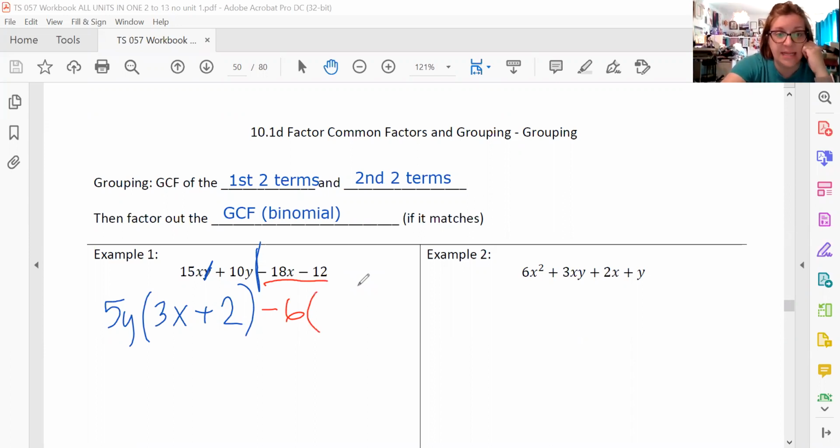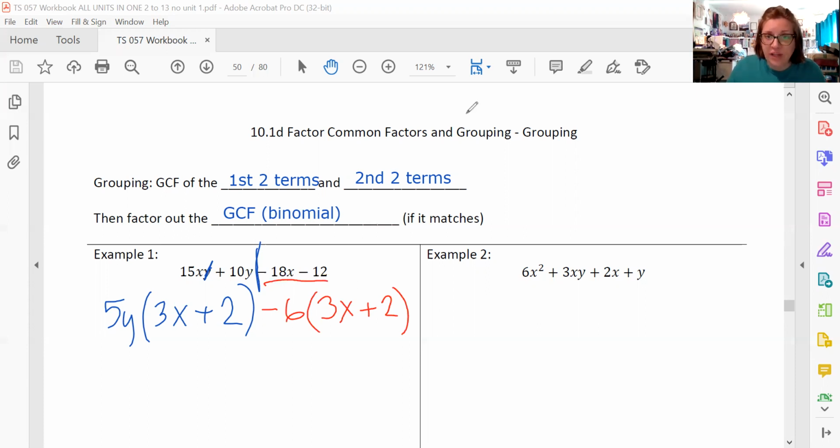So negative 18x divided by negative 6 is going to be 3x. Negative 12 divided by negative 6 is going to be positive 2. And so now I've factored my second set of terms.